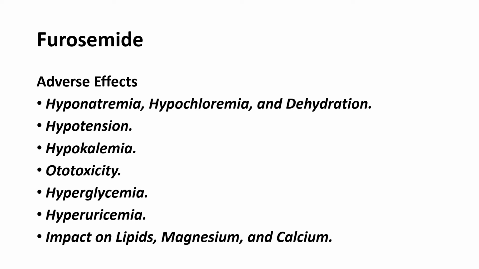So furosemide reduces your high-density lipoprotein, or your HDL cholesterol, and raises your LDL. It also raises your triglycerides. Furosemide increases urinary excretion of magnesium, posing a risk of magnesium deficiency. And furosemide can also cause increased urinary excretion of your calcium.